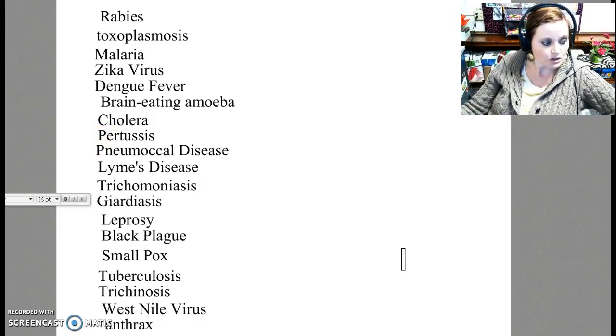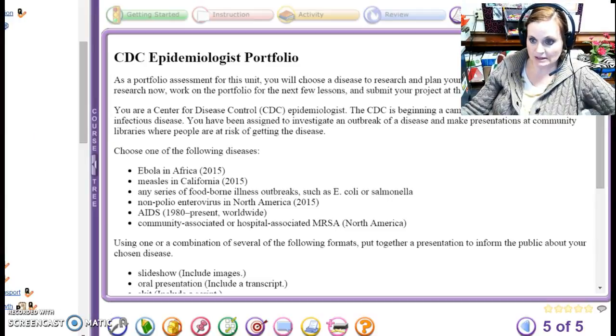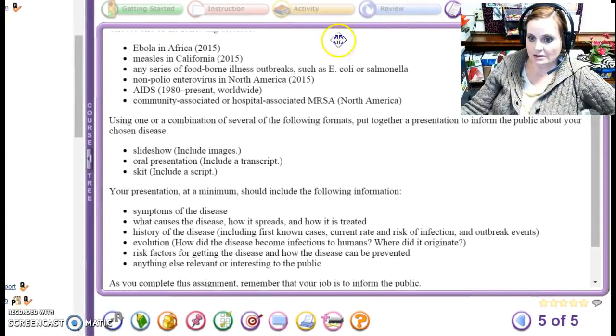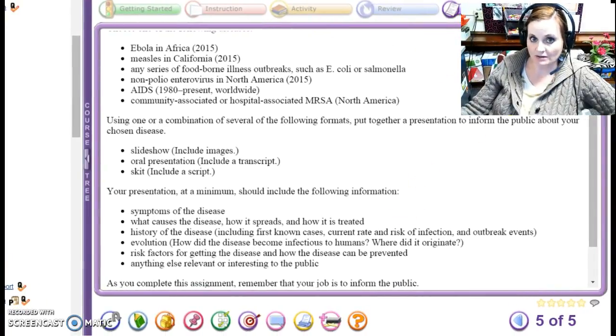Now, what do you need to do to know about these diseases? Well, first of all, we need to know what causes the disease, because not all diseases are caused by viruses or bacteria. In fact, some diseases are caused by small organisms called protists.